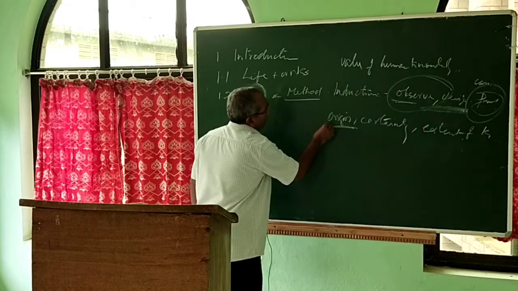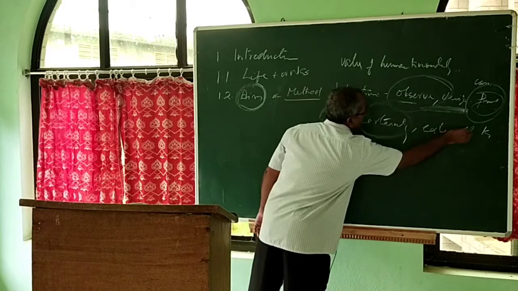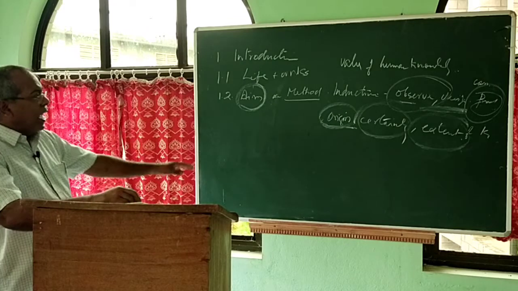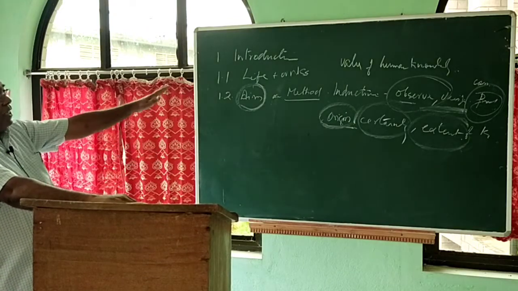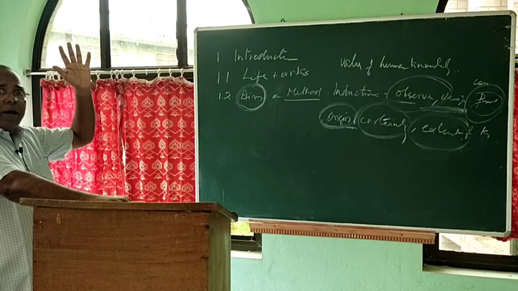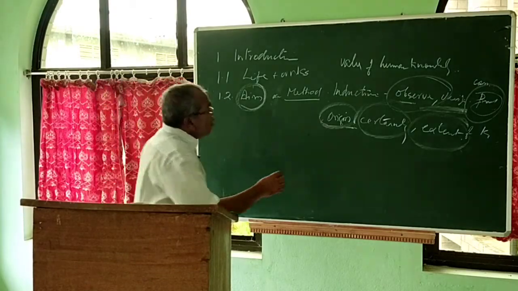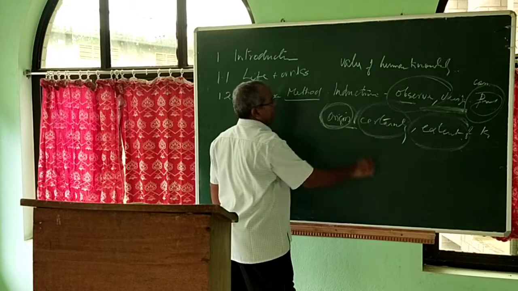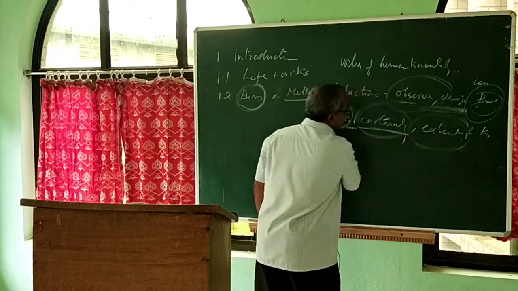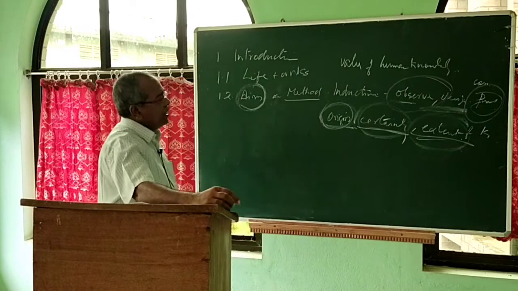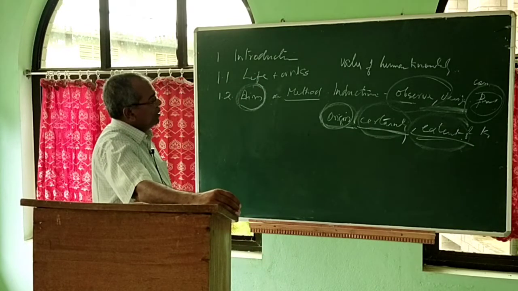These three terminologies are very important regarding knowledge. This will have its climax when you come to Immanuel Kant, so we will reserve that for that time. But then, origin, certainty, to what extent? Keep these terminologies within you.